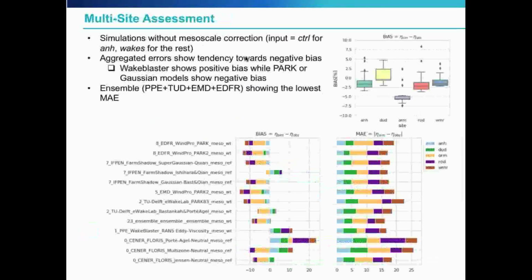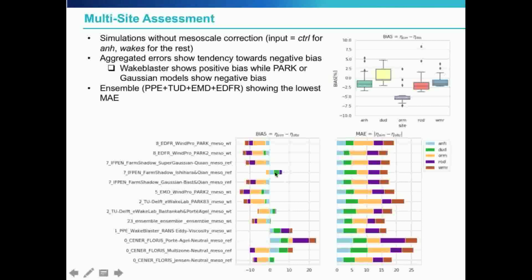Trying to wrap up here. Just trying to put all the results together. Here you see all the different wind farms stacked into this summary of results, where you can see that most of the models underpredict array efficiency.